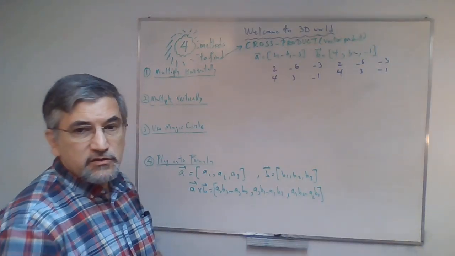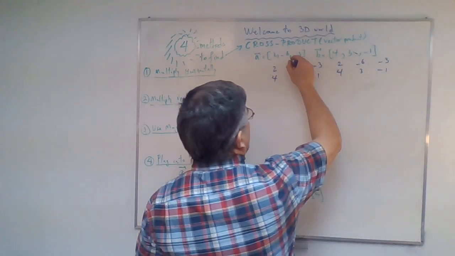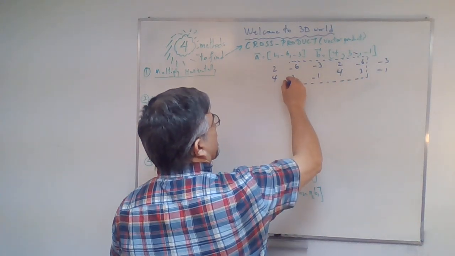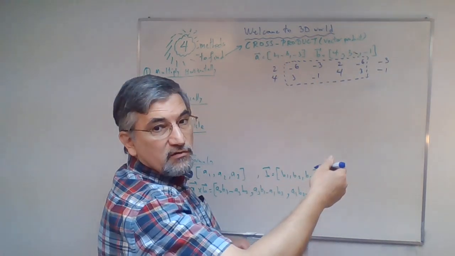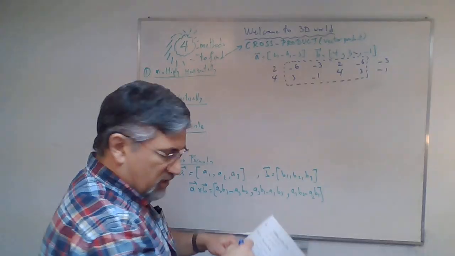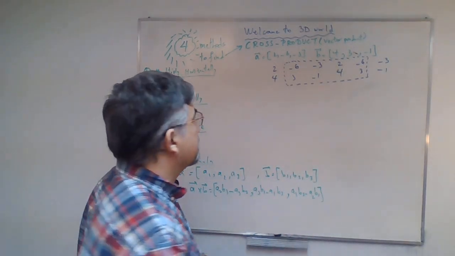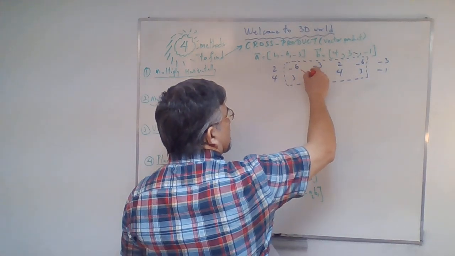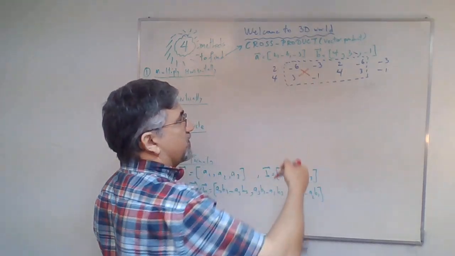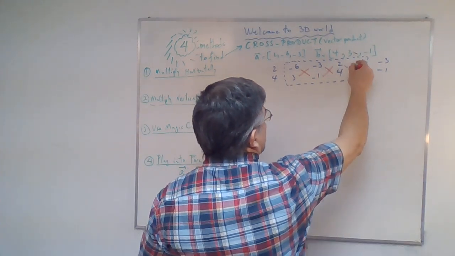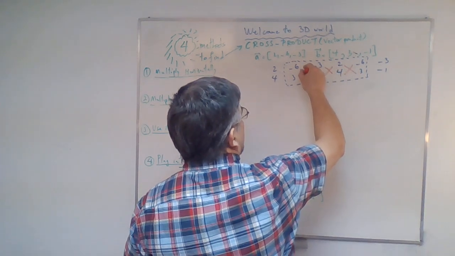Then you create a box in the middle like this. So basically you are eliminating the first column and the last column. And then you start to do a whole bunch of crisscrossings in the middle. So -6 times -1, and then 3 times -3, crisscrossing here and crisscrossing there.